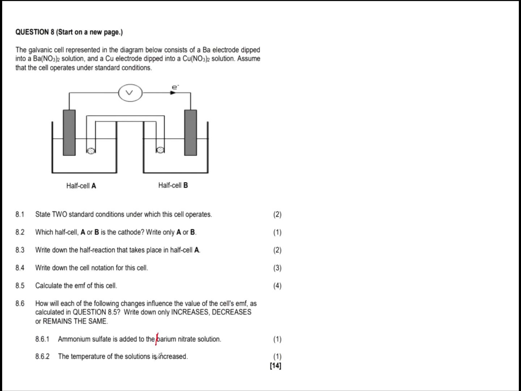We normally say the barium sulfate is insoluble, right? So that means here in 8.6.1, adding the ammonium sulfate into the barium nitrate will not change the concentration, right? And if it doesn't change the concentration, that means the EMF will not be affected in any kind of way.